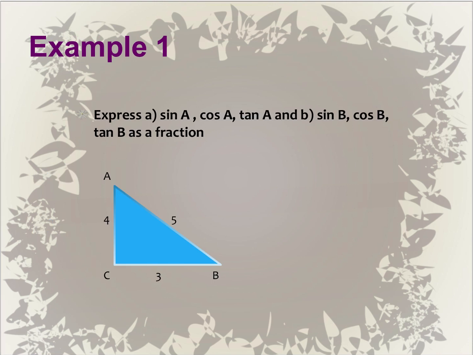So here we have example 1. They want you to express sine A, cosine A, and tangent A, and for B, sine B, cosine B, and tangent B. Now, I'm going to write in the acronym, SOHCAHTOA.